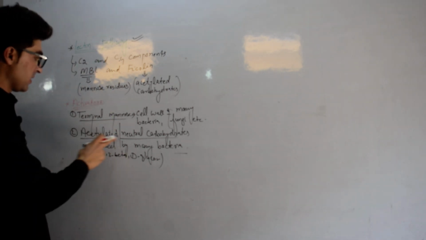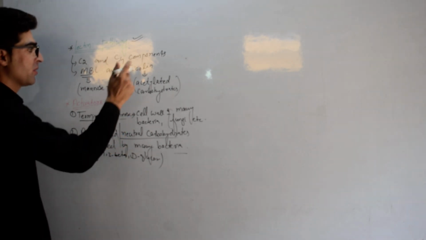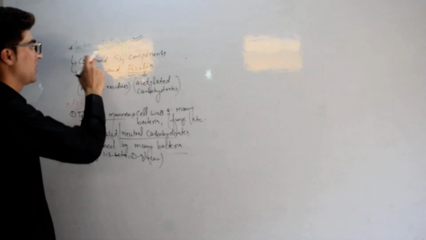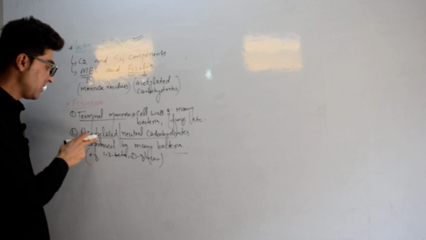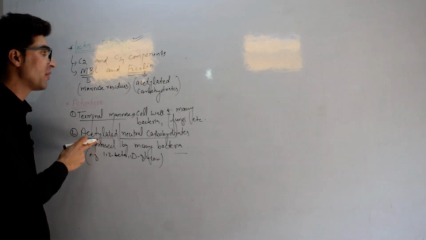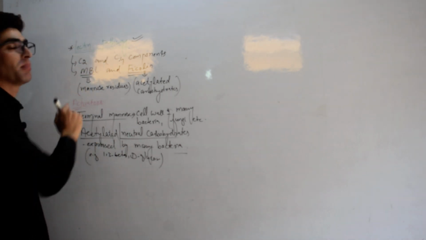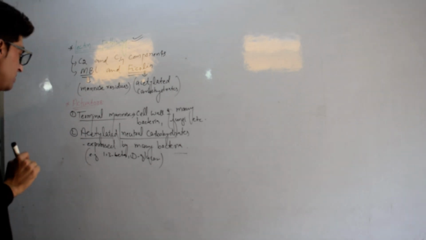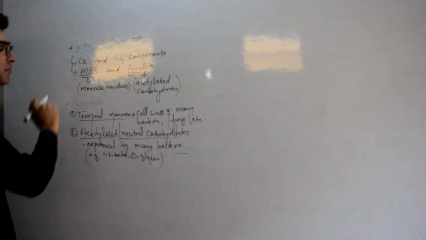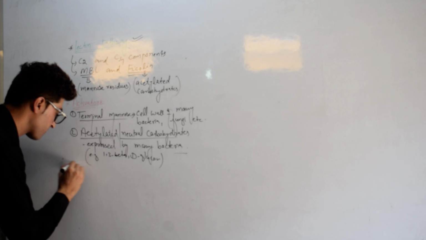To these acetylated or neutral carbohydrates, the ficolin molecule, which is a component of the lectin pathway, binds, and as a result the lectin pathway is activated. So this is another activator of the lectin pathway.